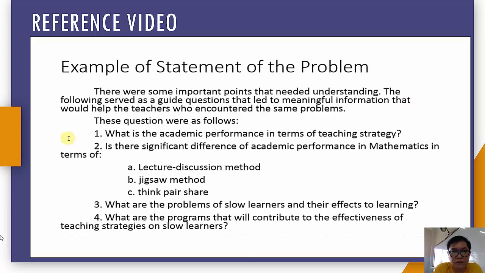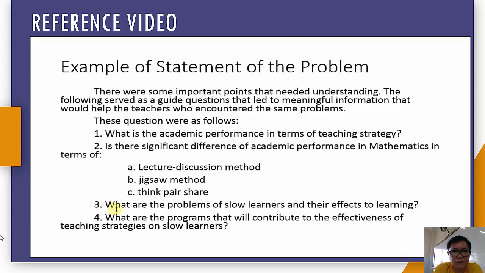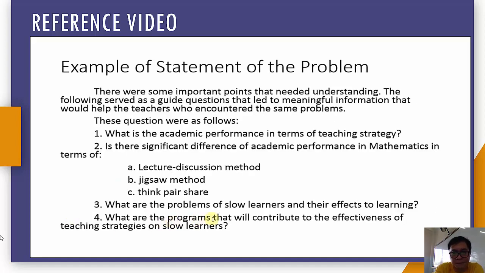Then, the same kanina, so what is there a significant difference? So, ito yung question form. Ang sagot lang yan ay ito magiging objective ninyo. Sa third naman, what are the problems of slow learners and their effects to learning? So, determine the problems of, so, ito yung magiging objective ninyo. The last one is, what are the programs that will contribute?